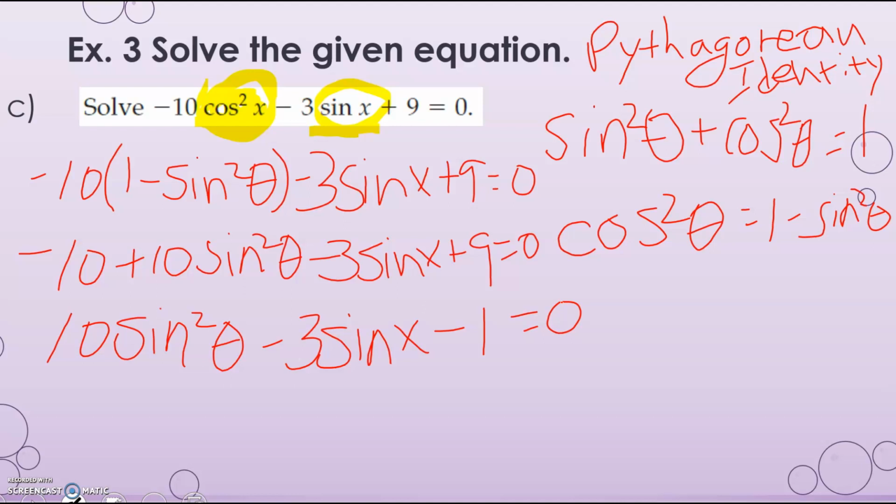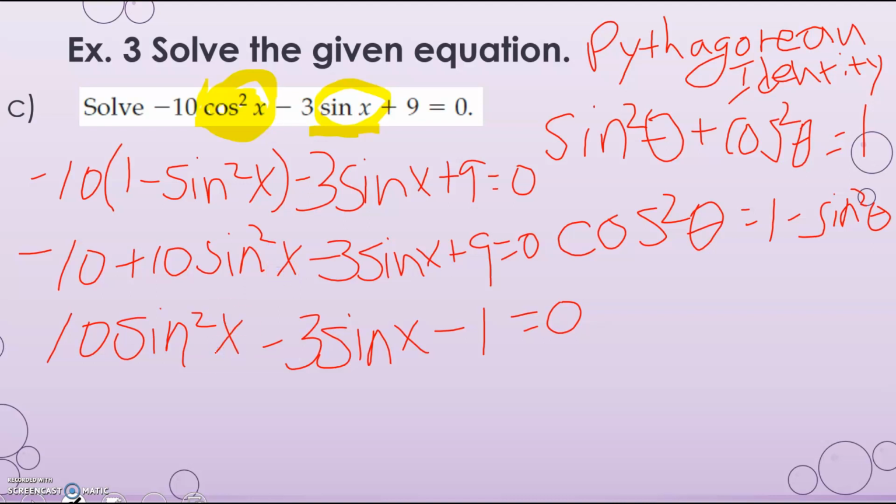Okay. Can we factor this? Oh, sorry, it should not be theta. It should be x. Let me fix that. Okay.